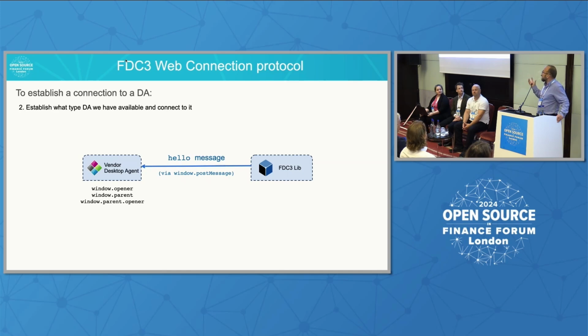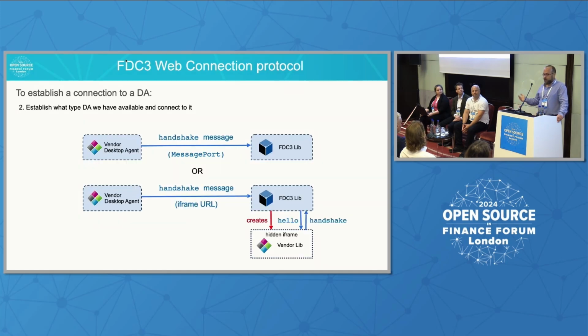And then once you've got your reference here, you send a message to it by the window.postMessage API, which is how we actually start doing channel messaging. And it's a standardized hello message. I'm looking for a desktop agent with a few settings, and it will go to any or all of those references that are set. And we're looking for a standardized response in the form of a handshake message back from the desktop agent.